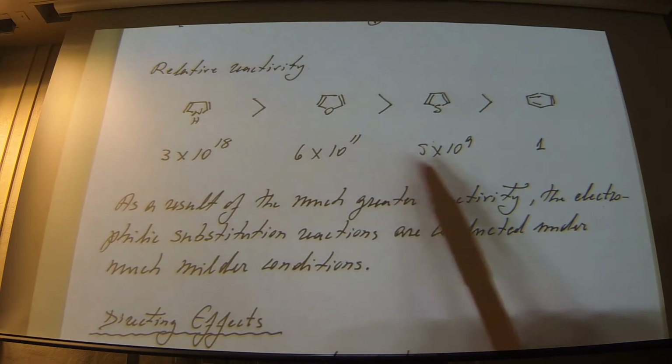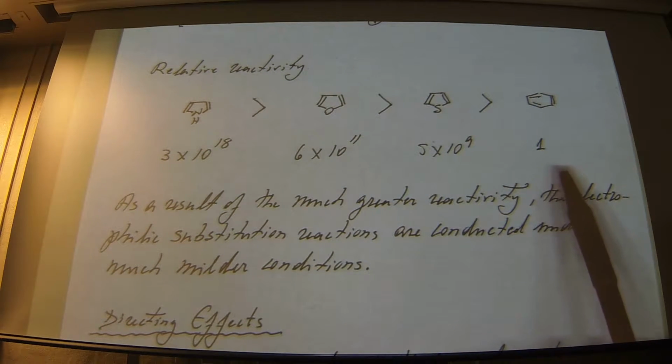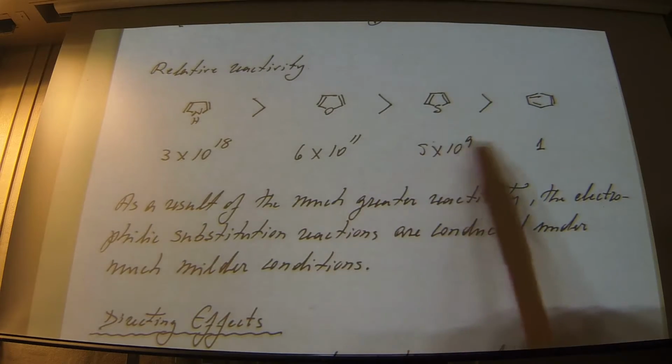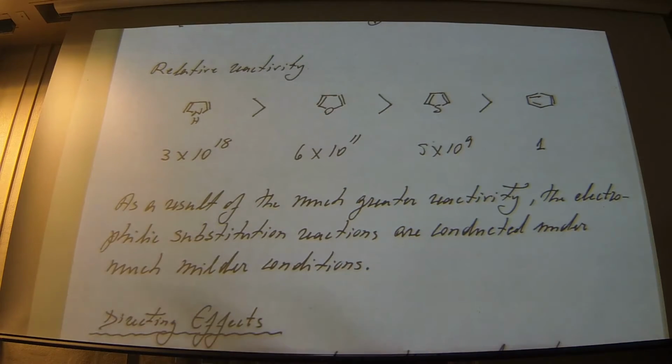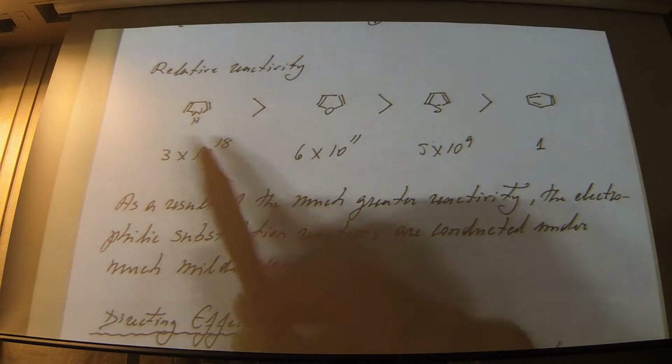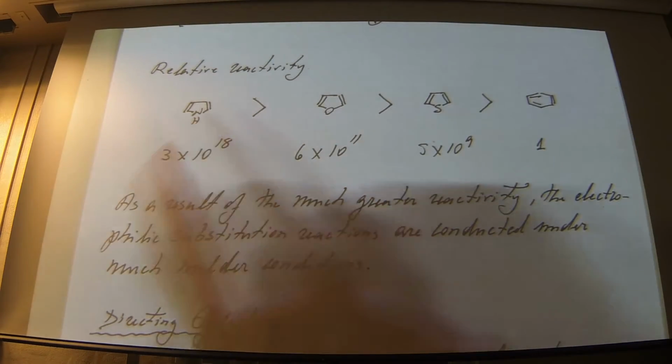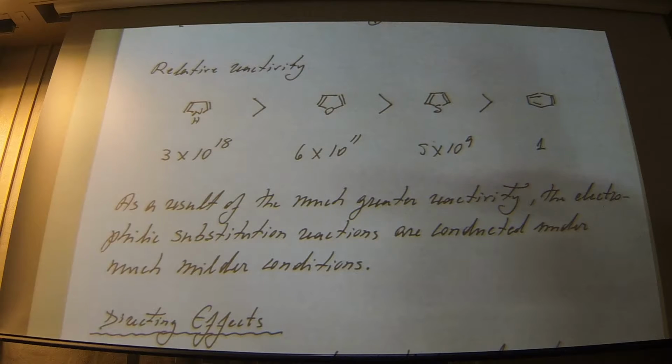These represent relative rates for reaction. And so as a result of this far higher reactivity, you end up being able to do these reactions under mild conditions. As I indicated to you, this very high reactivity, especially for this compound, can be problematic because it has a tendency to react with itself.